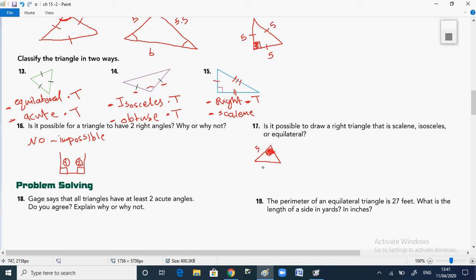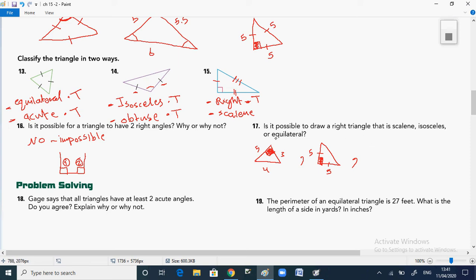Maybe this is 5 centimeter, 4 centimeter, 3 centimeter, and right angle, right? This is the first one. For scalene. For isosceles, I can say 5 centimeter, 5 centimeter, and right angle here. So this is isosceles.